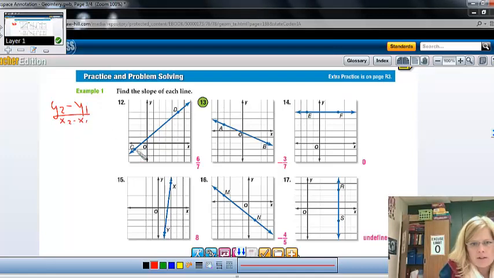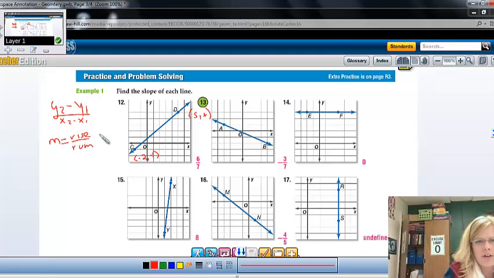And you could have called this one -2, -1, and then this one would have been 5 over 6, and then the formula. Or you can just do rise over run. And m equals, that's from the video, rise over run.